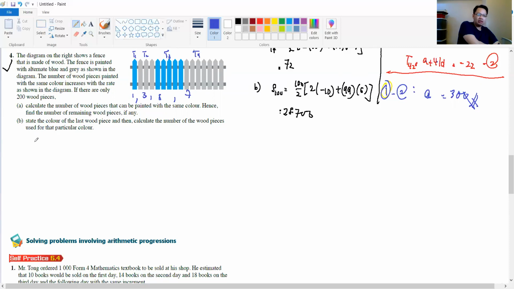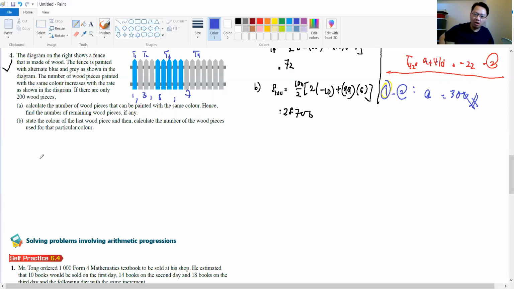So calculate the number of wood that will be used to be painted with the same color. Okay, guys, the maximum wood we have is 200. Now, the question is, how many wood will be used to paint it with this kind of color until it reaches 200?